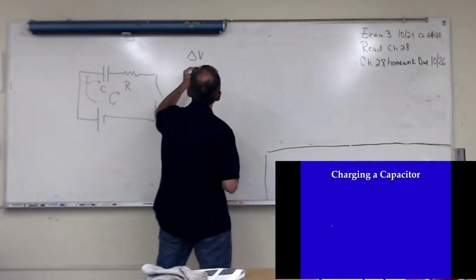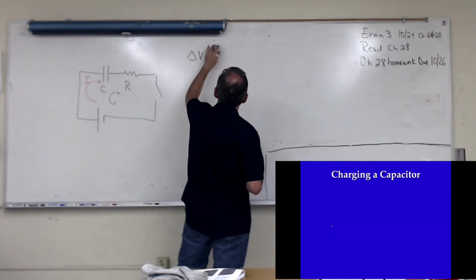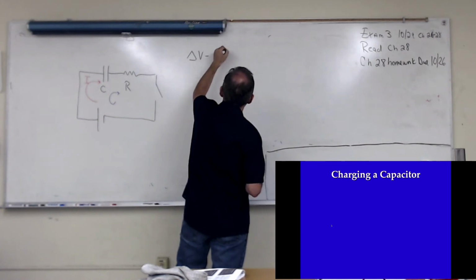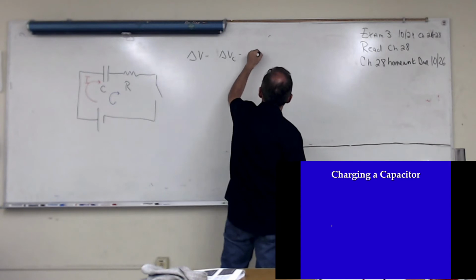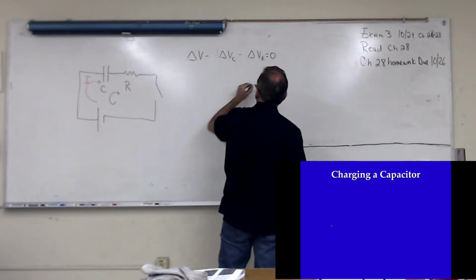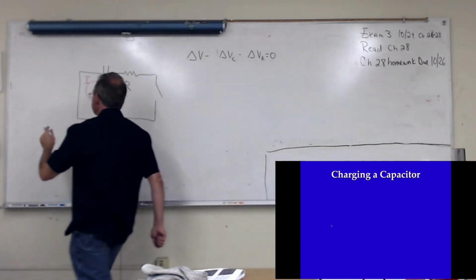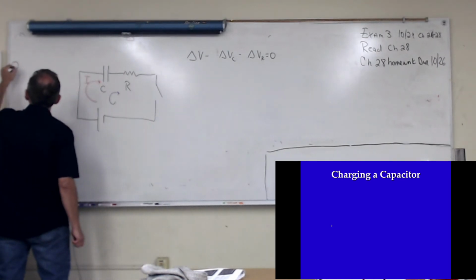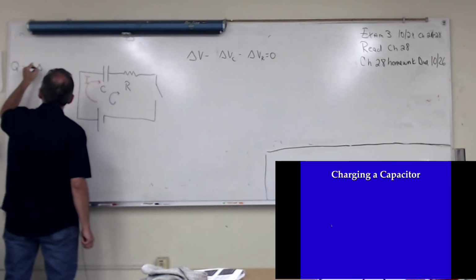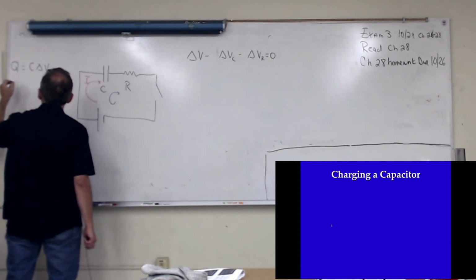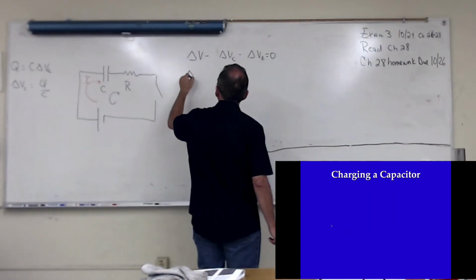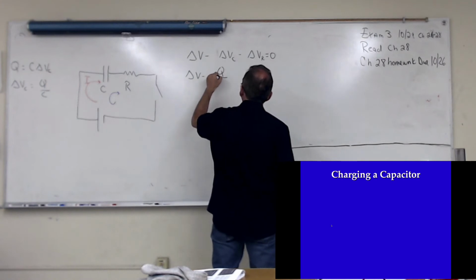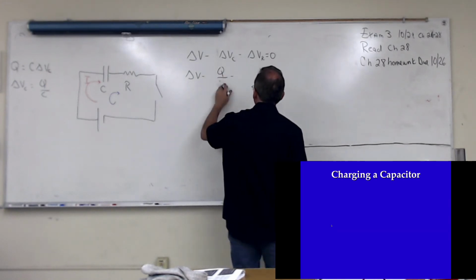Capacitor voltage drops. And then the voltage across the resistor drops. Well, for a capacitor, Q is C delta V. And so delta V sub C is Q over C. And of course, for the resistor, you know what it is.